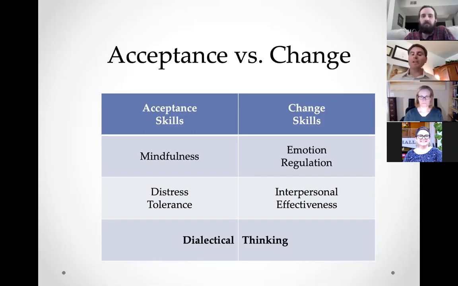But then there are change skills. So emotion regulation and interpersonal effectiveness are all about helping a client create a brand new lifestyle that will be conducive to healthier emotionality and conducive to healthier relationships. And then what does it take to bring together opposites, right? That takes dialectical thinking.